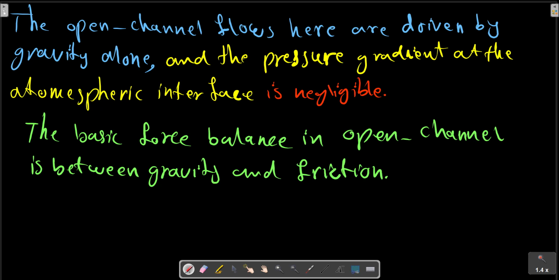Open channel flows are an especially important mode of fluid mechanics for civil and environmental engineering.